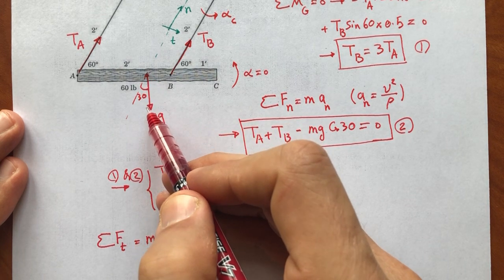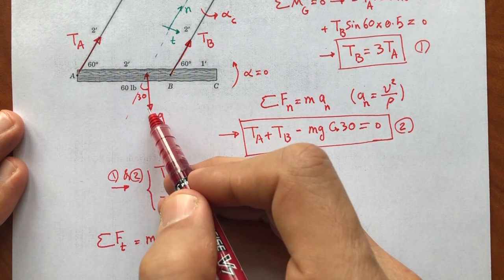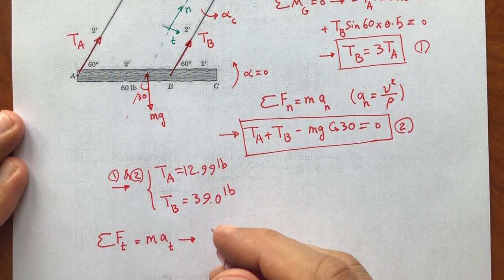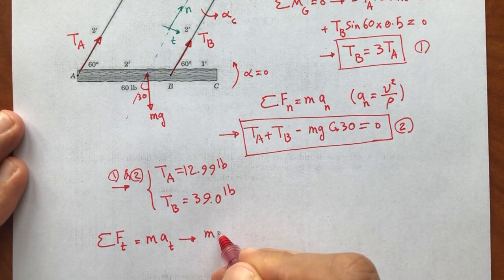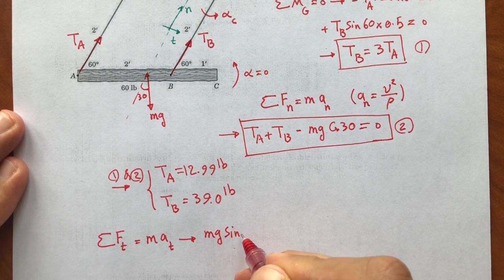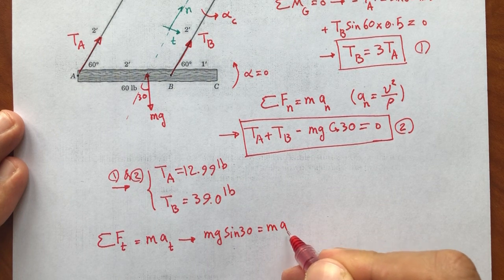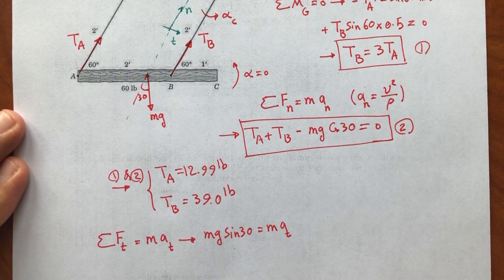The only force that we have in the tangential direction is going to be mg times sine of 30. That's the only component that we have in the tangential direction. So I'm going to have mg sine of 30 is equal to m times acceleration in the tangential direction.